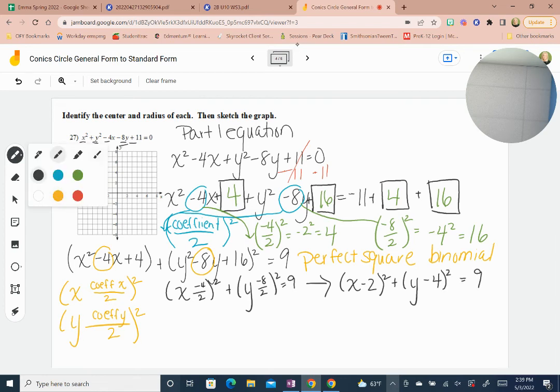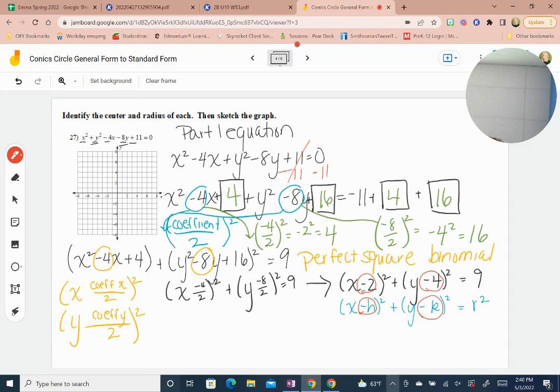Let's remember our standard equation. So it's x minus h squared plus y minus k squared is equal to r squared. Notice how on here both of these have a negative number, right? -2, -h, -4, -k. That means my h is just 2.